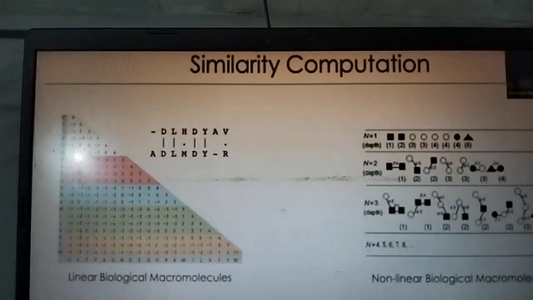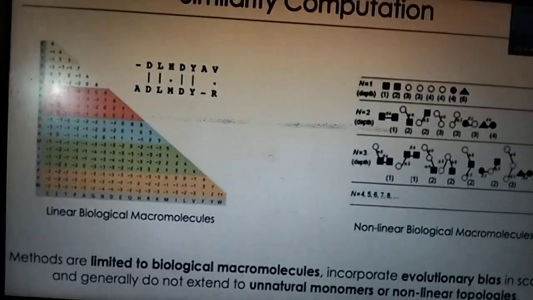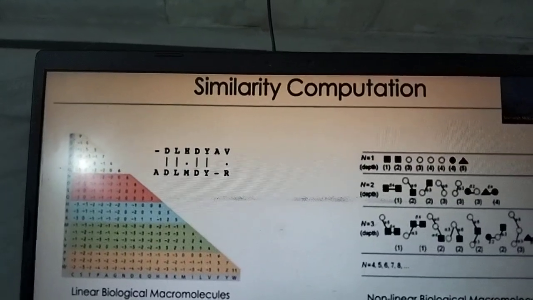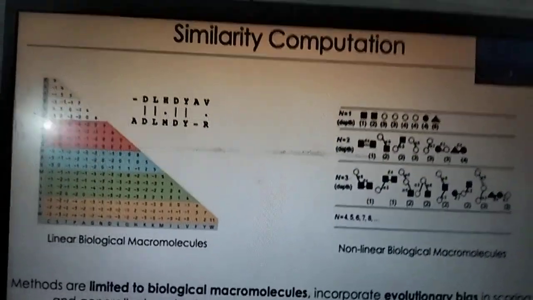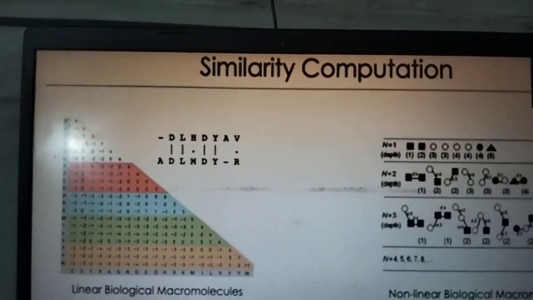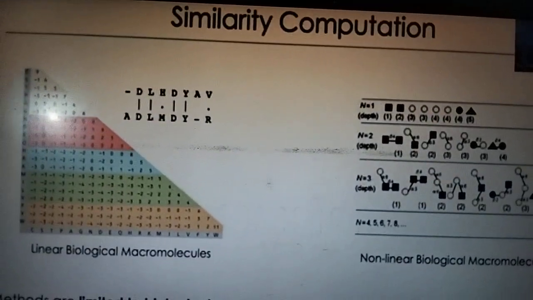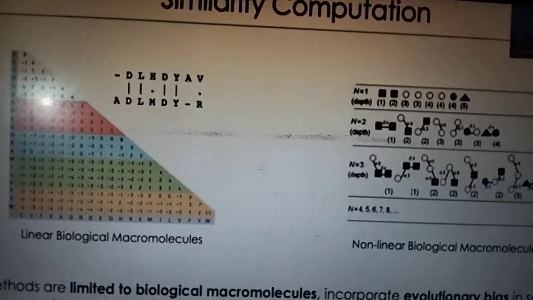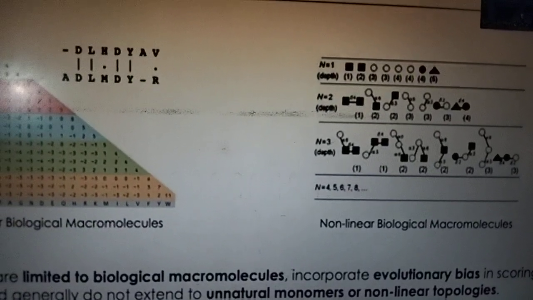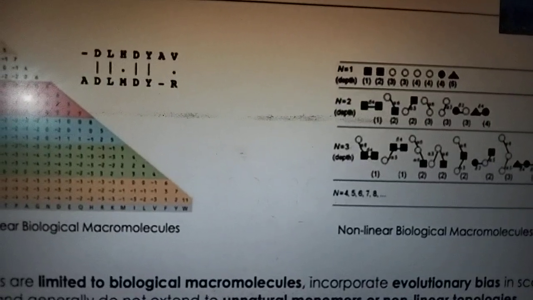Next is similarity computation, for linear biological macromolecules and non-linear biological macromolecules. For linear biological macromolecules we use matrices of the representation. For non-linear ones, the representation uses nodes and depth.